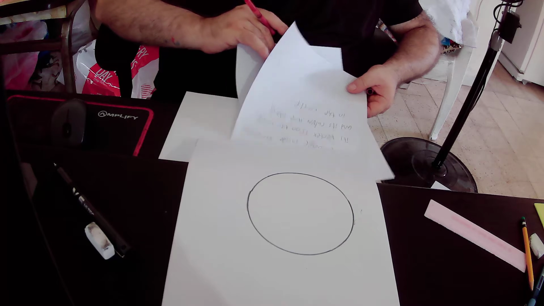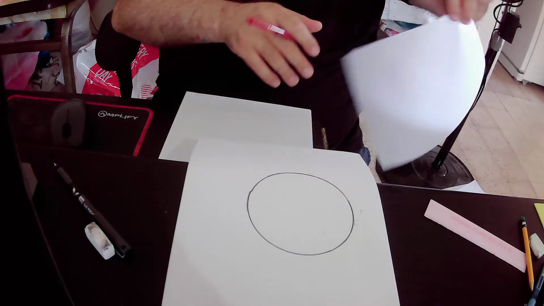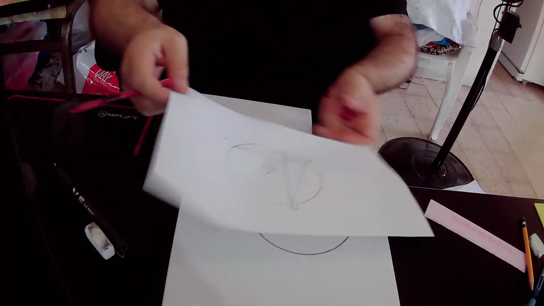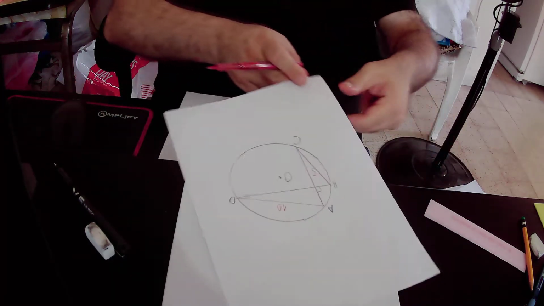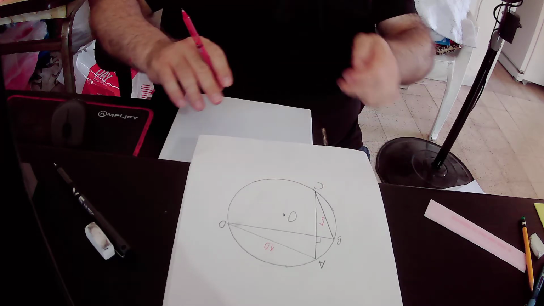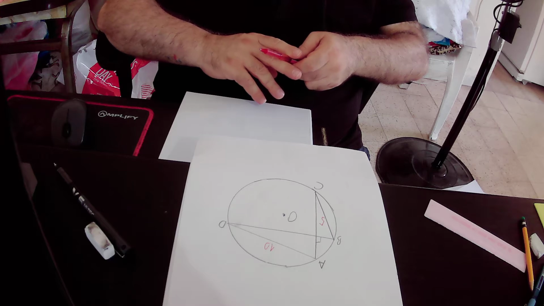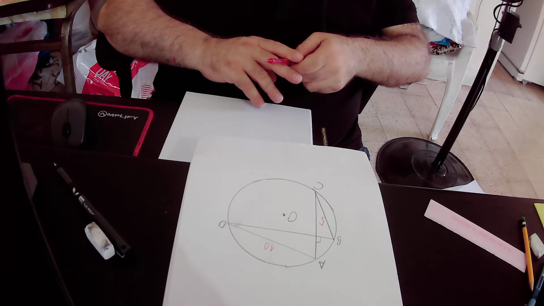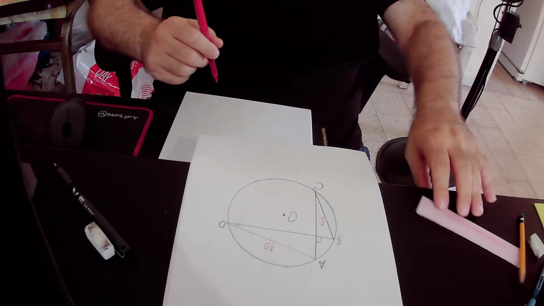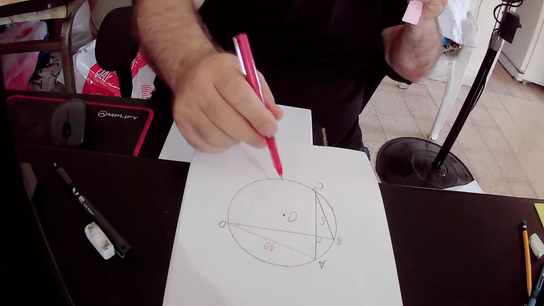In the next step, we will draw a chord through points A and O. You should remember that point O is the center of the circle.